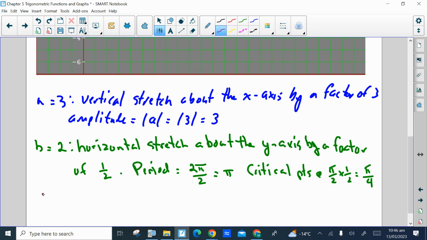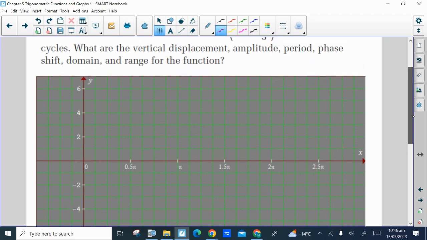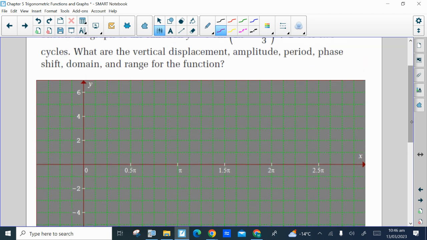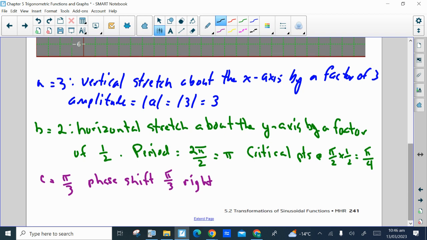We've determined that we have a C value of pi on 3, which means that we're going to have a phase shift of pi on 3 to the right. And finally, we have a D value of +2.